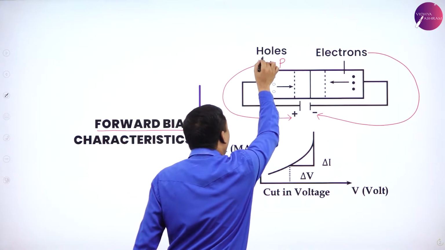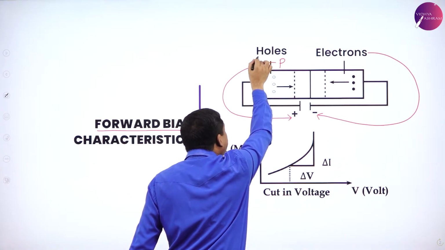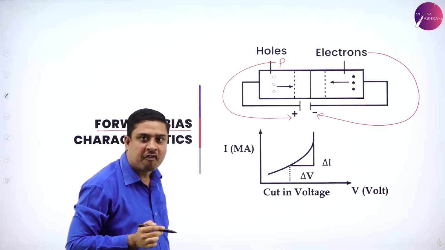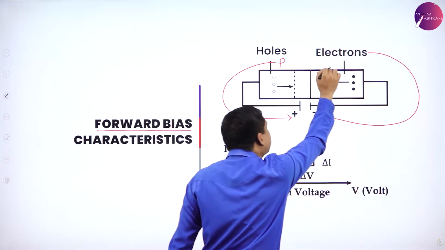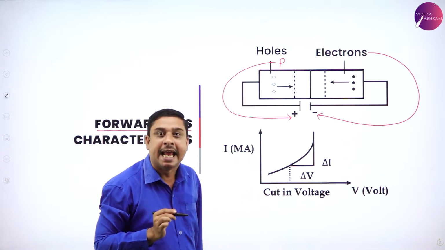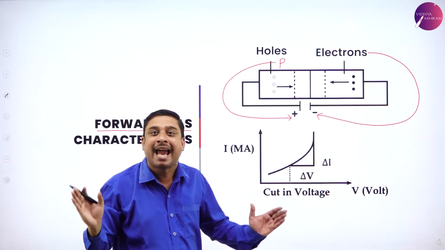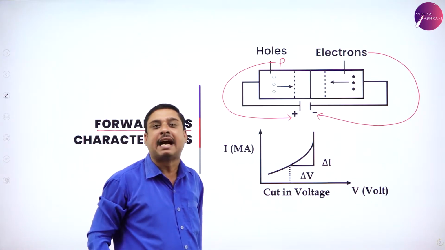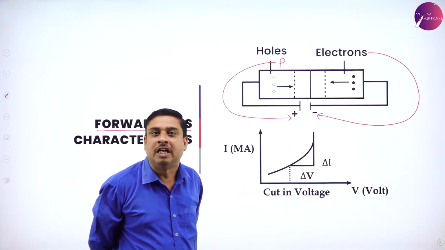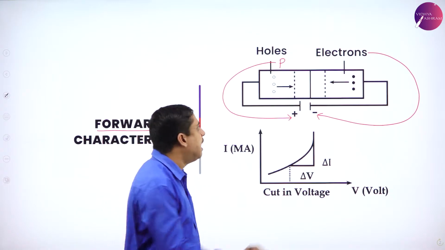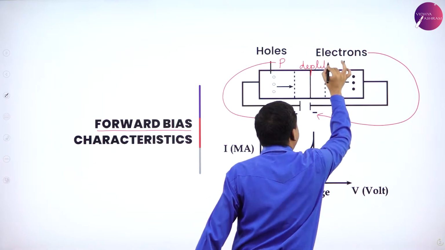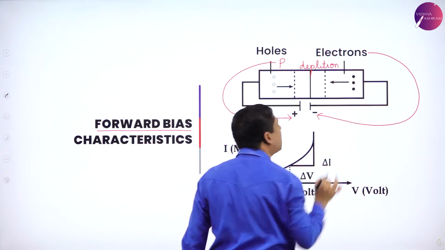Holes, which are positive in nature, are connected to the positive of the battery. Electrons, which are negative, are connected to the negative of the battery. Same polarity is connected. That is what we call the forward biased condition. And there is a junction here which we call the depletion region.